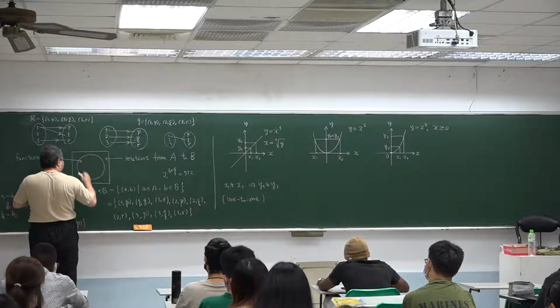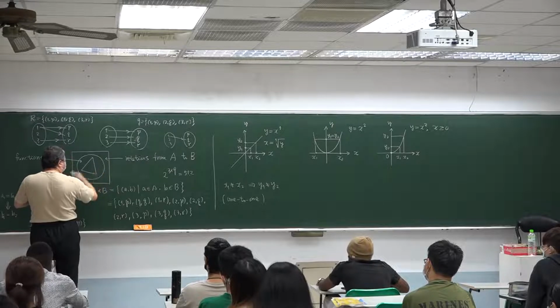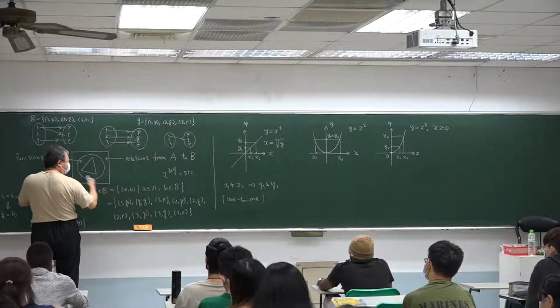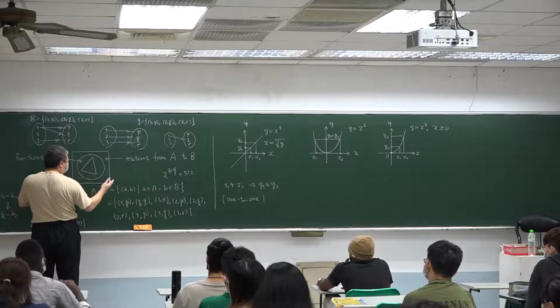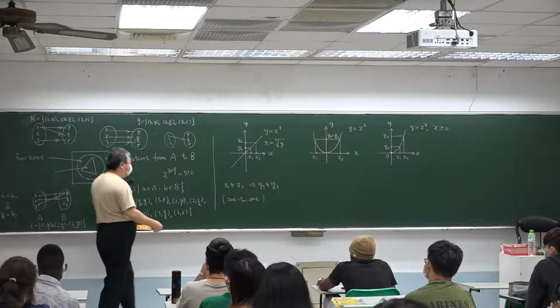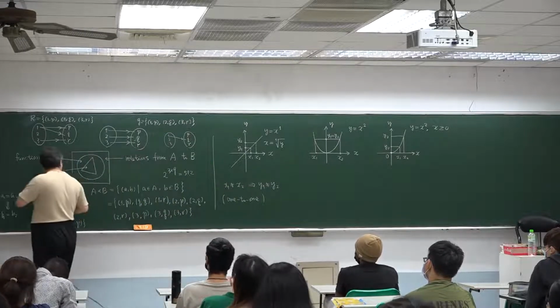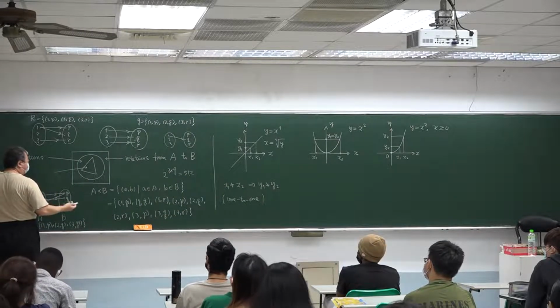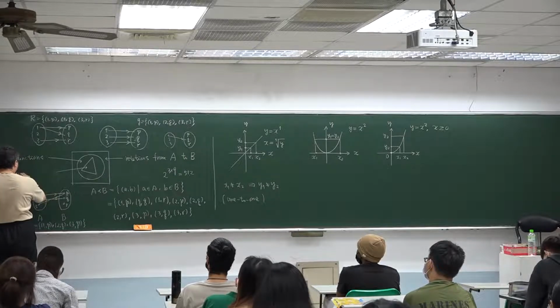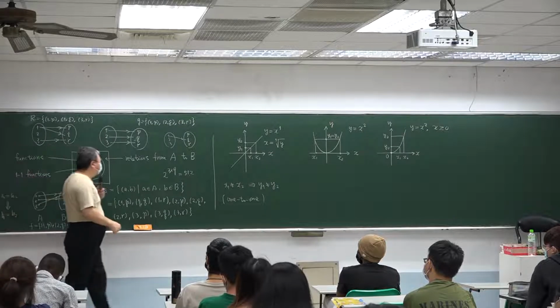Functions. If a function, this relation, already preserves equality, it also preserves inequality. This means if x1 and x2 are different, then the corresponding values are also different. These are one-to-one functions, or one-to-one relations.